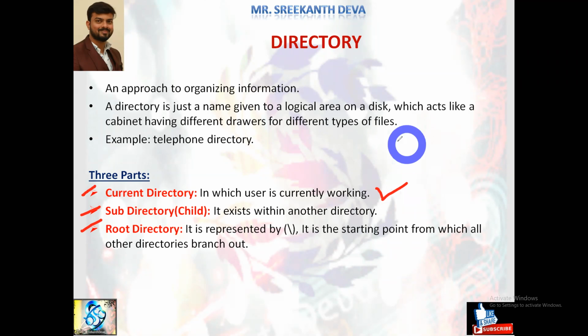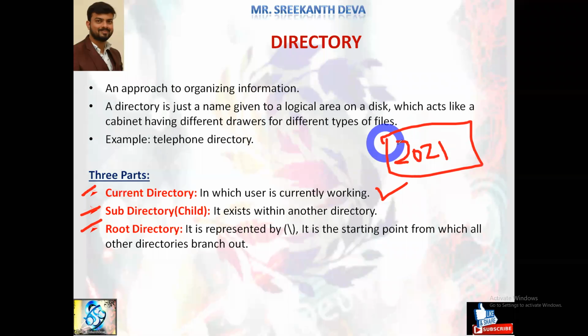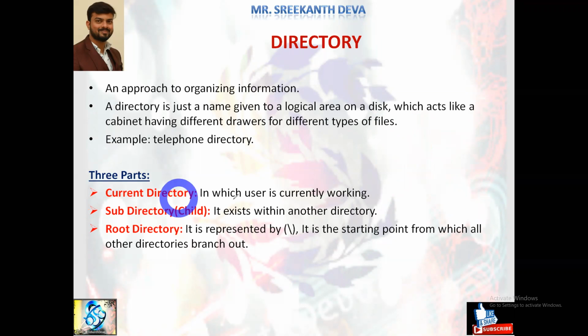Like today I worked on some operation, some files or some project, and on today's date I save it in this directory. It behaves like a backup also: whenever you require that data or information, you can collect it from the particular directory in suitable files, like file 1, file 2, file 3. We can organize different types of files in particular directories. Current directory means the one in which the user is currently working.